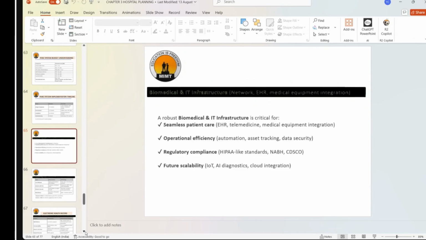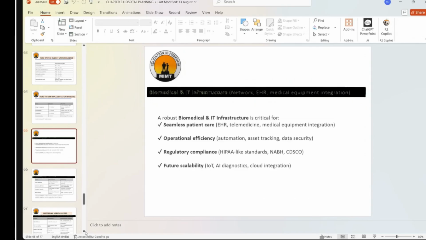And presently, we are talking about various other higher technologies, artificial intelligence, machine learning, and all that. So, since the beginning, we have to think about which kind of technology we are going to use in the hospital. There are various hospitals which are also called digital hospitals.